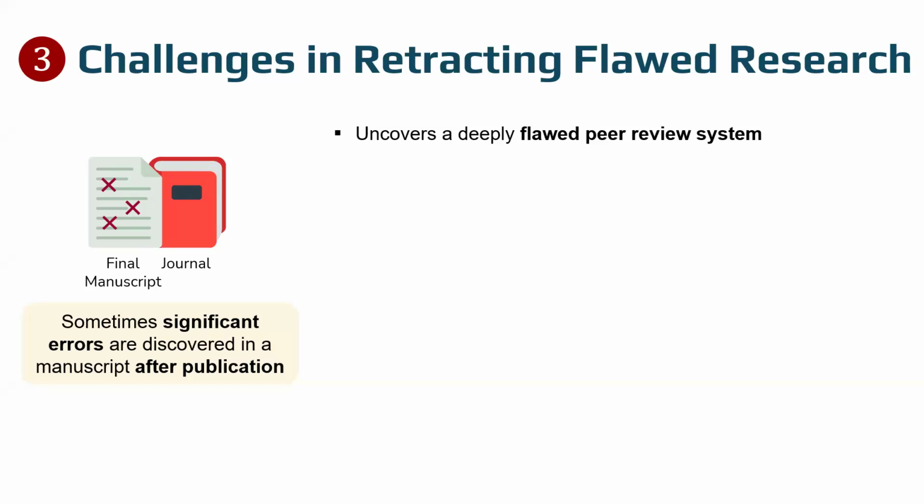However, as we go each year, we see more and more published manuscripts that have significant errors. And again, this puts big question marks on the peer review system, which supposedly should protect us, the readers, from bad science. But apparently this system is not really working.